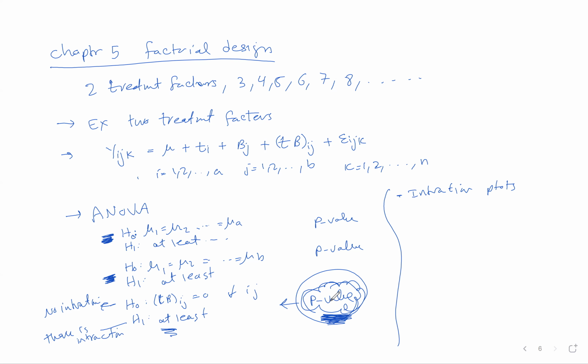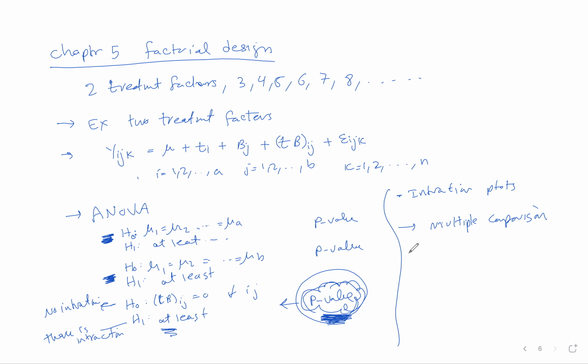And keep in mind, when you do multiple comparisons for one treatment factor, it should be at some level of the second treatment factor if the interaction is significant. But if the interaction is not significant, you can do multiple comparison for the first one, and in general for the second one. In general, you don't look at the other one.